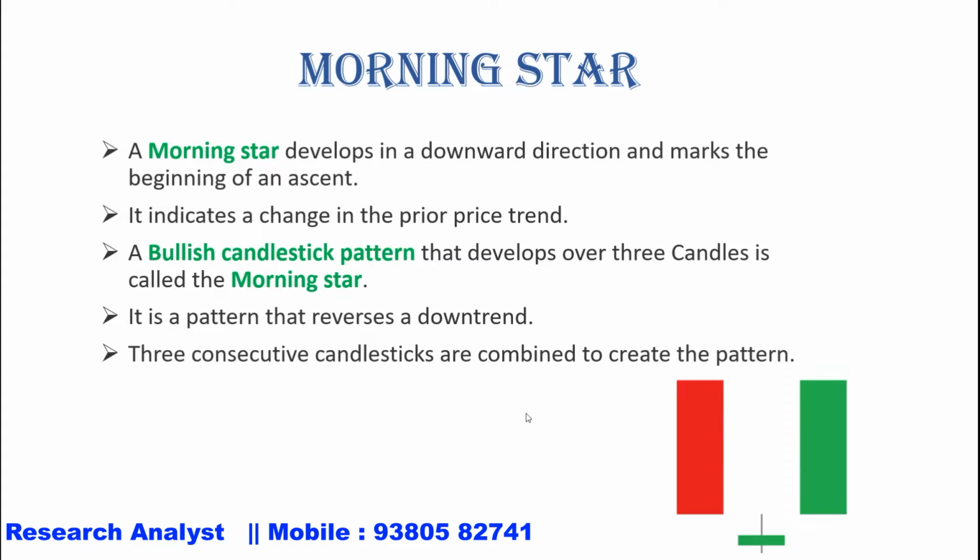Here we can see this is a downtrend, and after that a doji candle is formed. Again, after the high of this doji candle, we can see one green candle. So we can see three consecutive candles are formed. This is called a morning star because this is a downtrend, and after that a doji is formed, and again a green candle is formed.